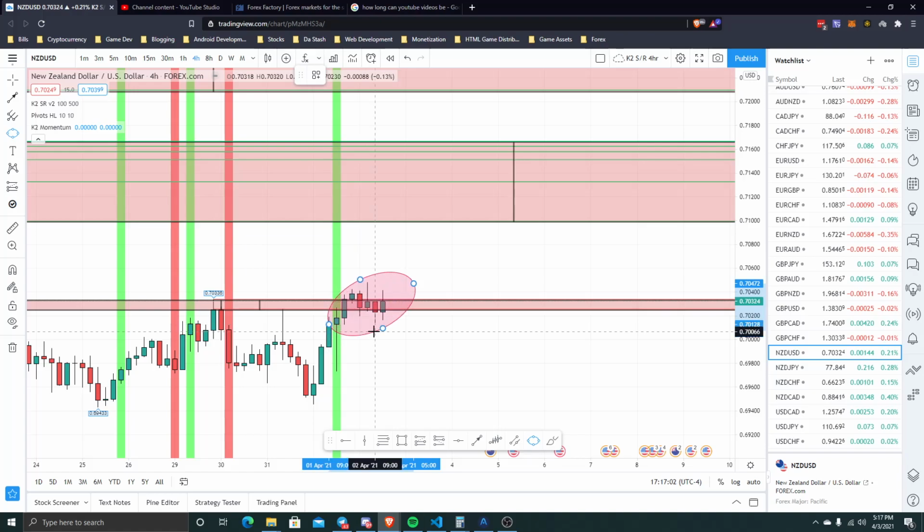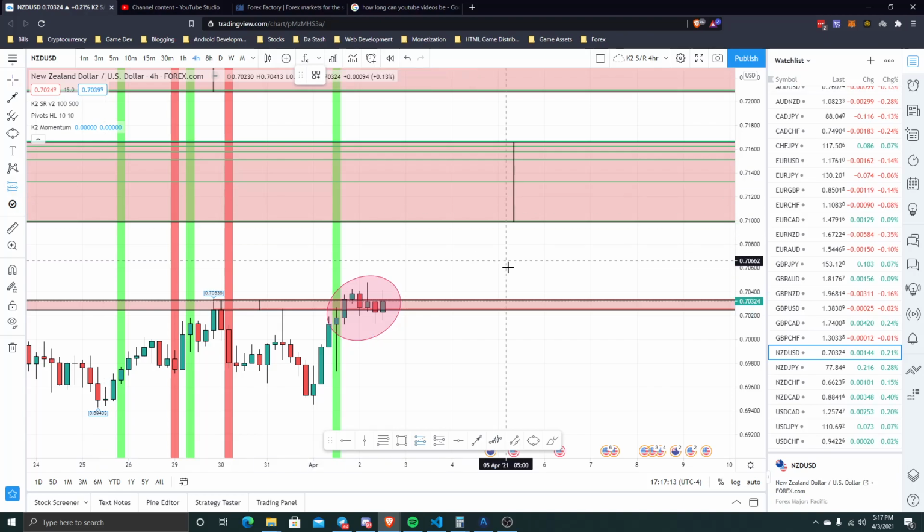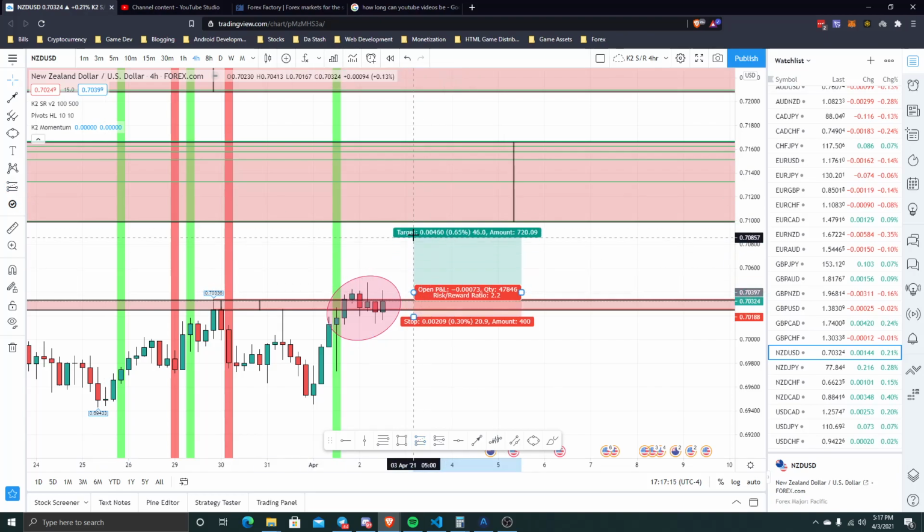I'm still going to wait until it fully breaks above this zone right here before I make my decision on whether I want to take a long position. Because right now it's just playing in this little small zone right here, and I don't trust that right now. I don't trust to take a trade right now.